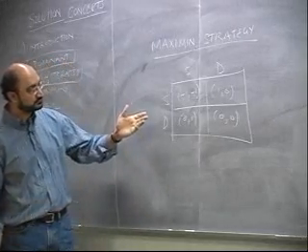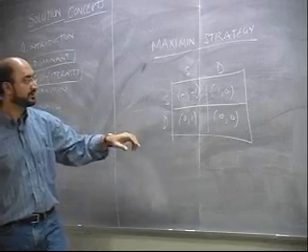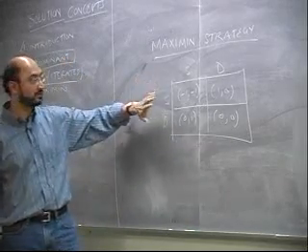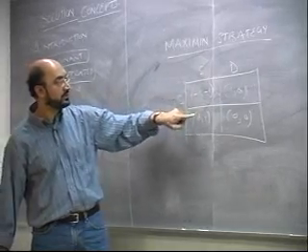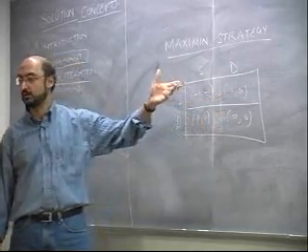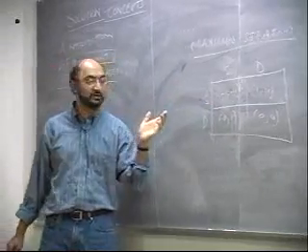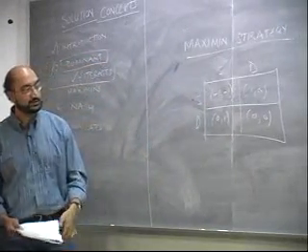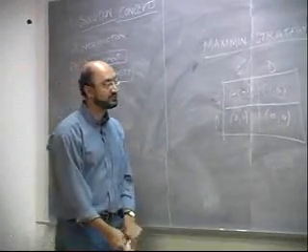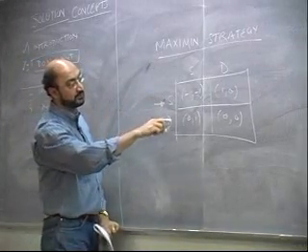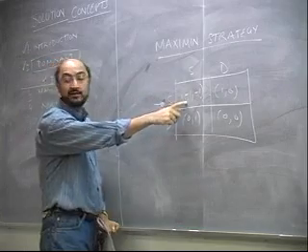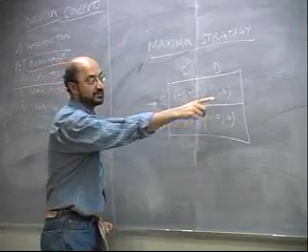Remember that there is no dominant strategy here for either player, right? Because if you play S, you can do better in one case, but worse in another. So there's no dominant strategy equilibrium for these players, but the Maximin strategy does exist. So let's look at it. If a row player plays S, they say, look, I could get as little as -1, or I could get as much as +1.